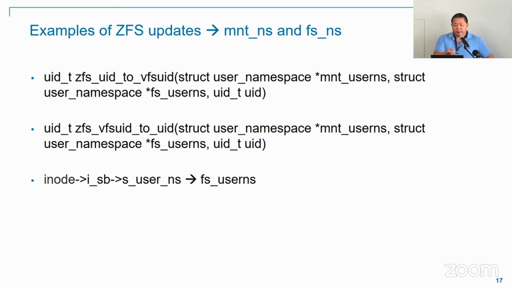Another is the file system user namespace ID map. So you have input as a UID from the user as ZFS namespace. The other function is the other way around. You may be wondering where this file system user namespace is from. It's from the inode. The inode has a superblock, and in the superblock there is a user namespace.